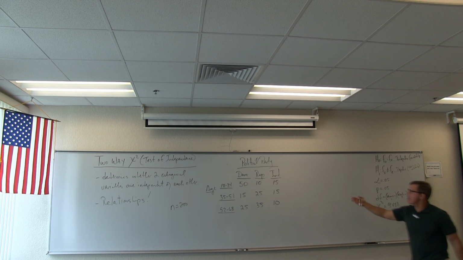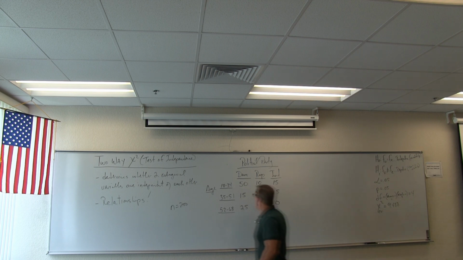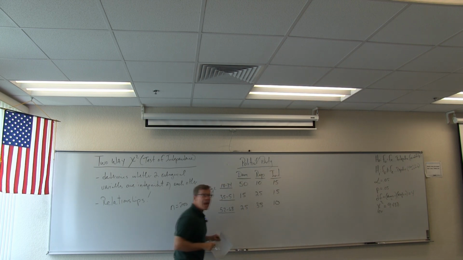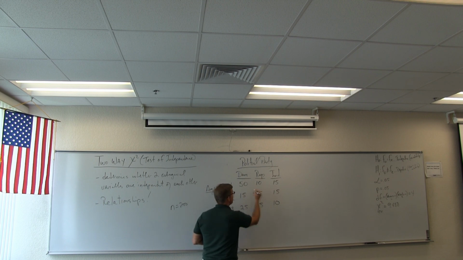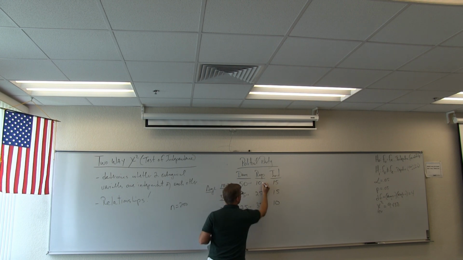We have our data here, and what we actually have are 9 observed frequencies. So I'm going to put a little equals O after each one of these numbers. And that just means that this is an observed frequency, and we have 9 of them.